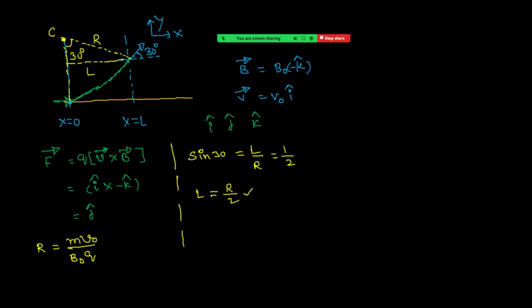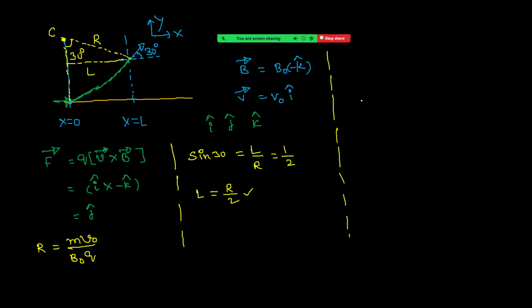Now see the second part. Find the final velocity of the particle and the time spent by it in the magnetic field, if the magnetic field now expands up to 2.1 L. Now see carefully. See where the change comes.